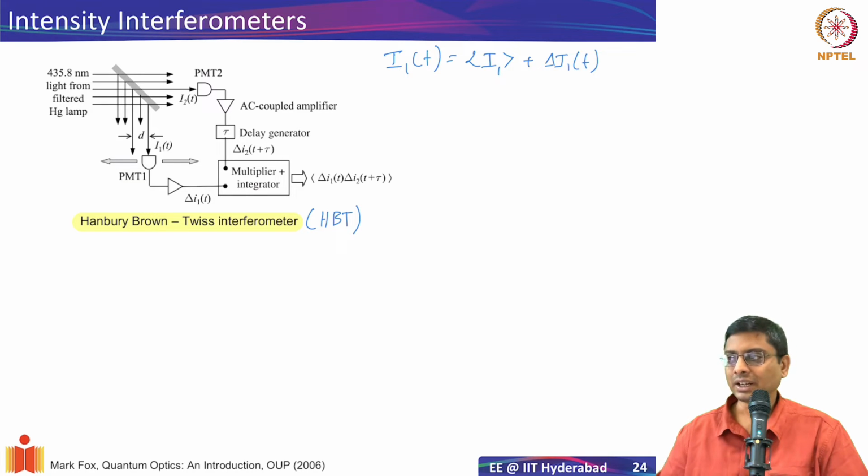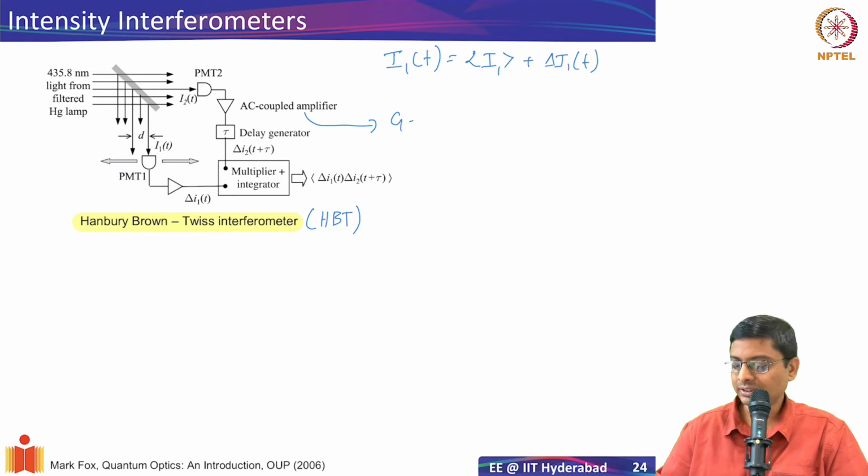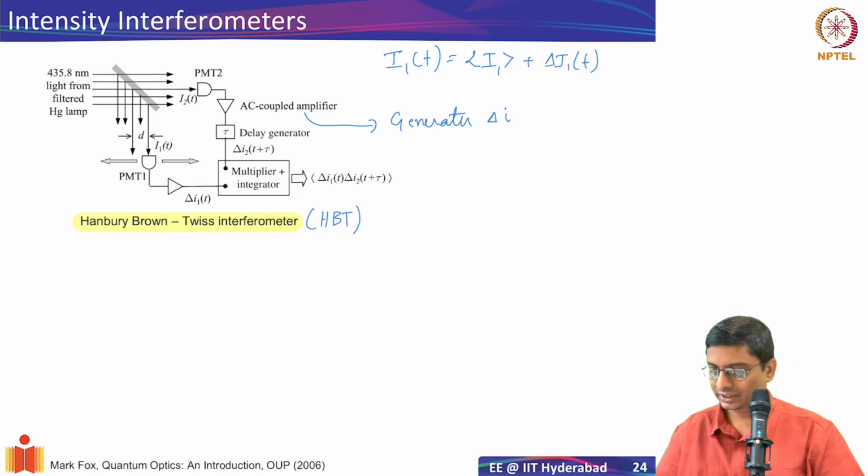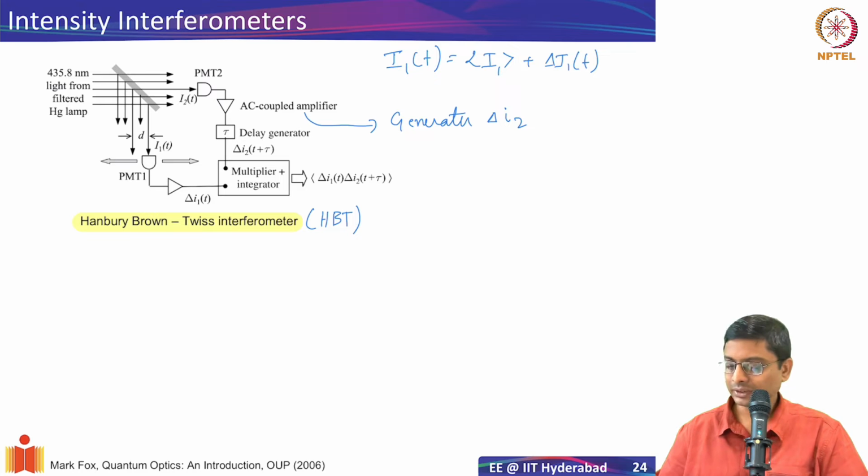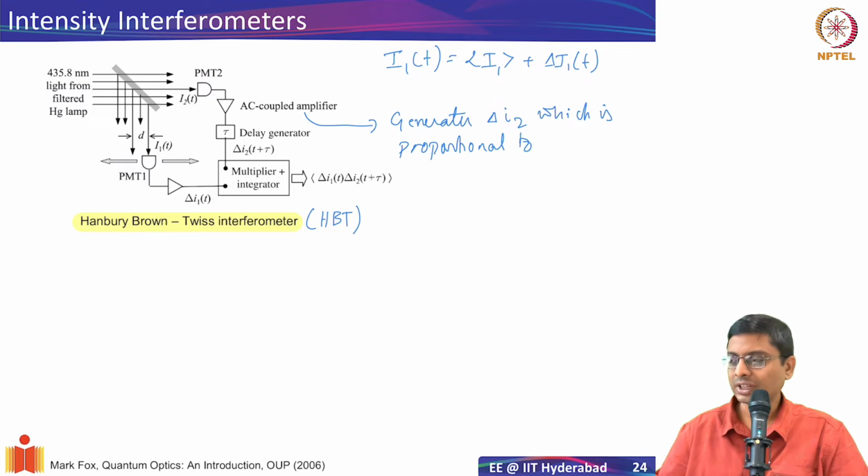We have seen that. And now this photocurrent, when you have an AC coupled amplifier here, generates delta I2, sorry, in this case I2, that other one is I1. So delta I2 is proportional to the fluctuations in intensity of I2.